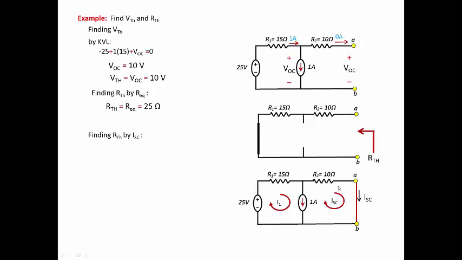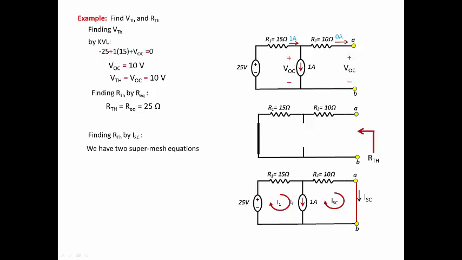I called it I short circuit here because it's the same current flowing through the short circuit. This circuit also has a current source between the two meshes, and because of that, I have to have a supermesh equation. So we have two supermesh equations to represent the circuit.